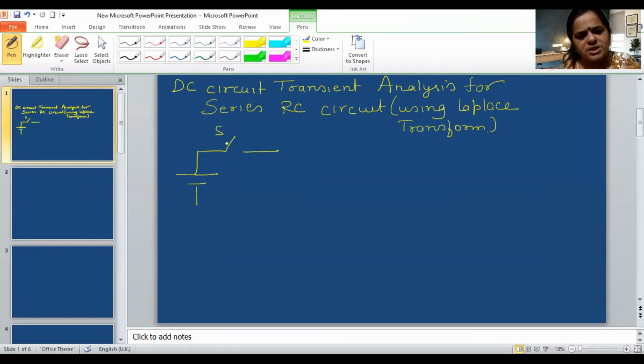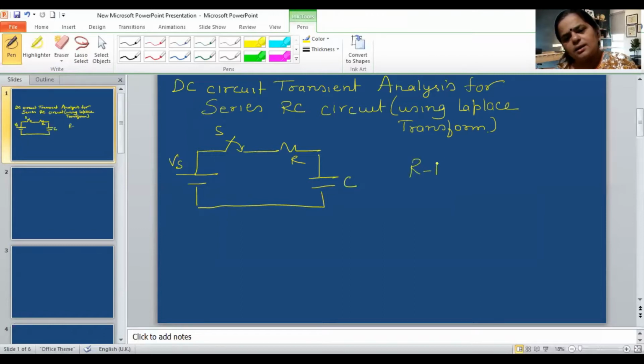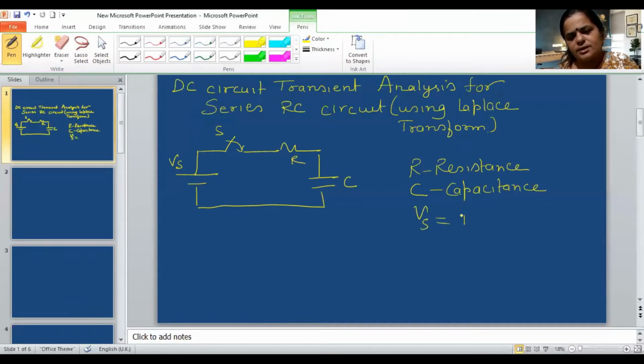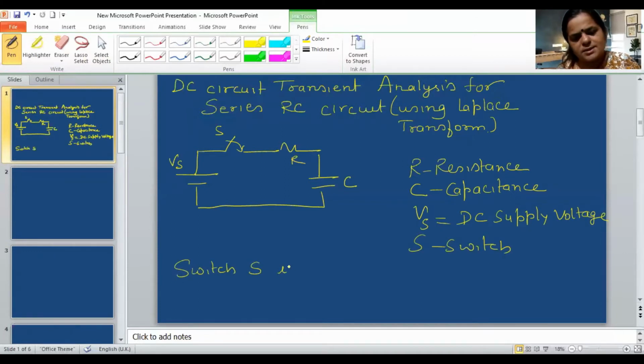This is a switch, and there is a resistance R and a capacitance C. Vs is the DC supply voltage, R is the resistance, C is the capacitance, and S is the switch. Switch S is closed at t equal to 0. So a current i(t) starts flowing.